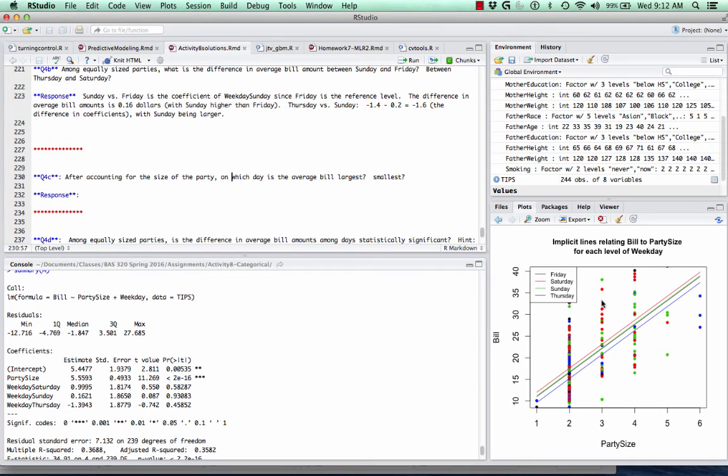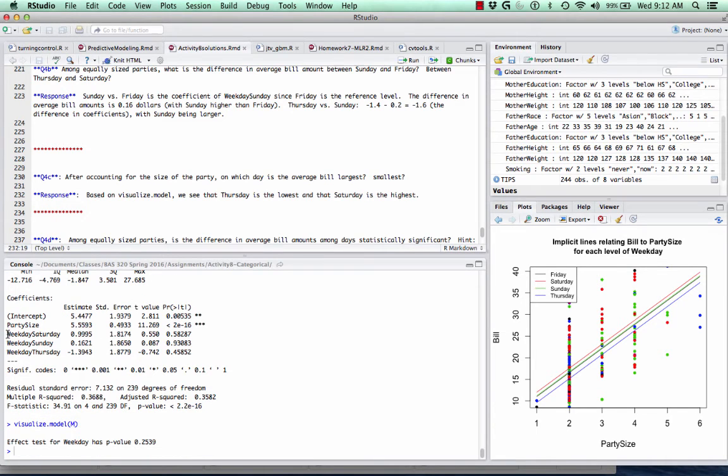All right, after accounting for size of the party, on which day is the average bill the largest, the smallest? Well, we can look at the implicit regression equations to answer this. Based on visualize model, we see that Thursday is the lowest and that Saturday is the highest. How else could we get this information?